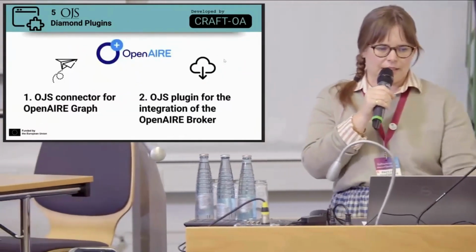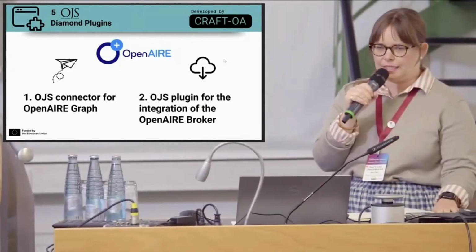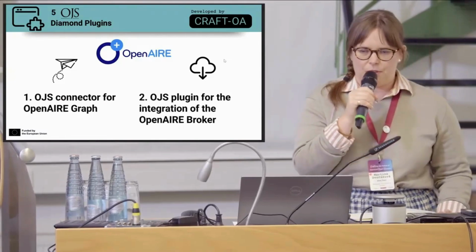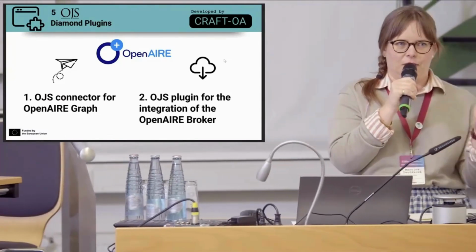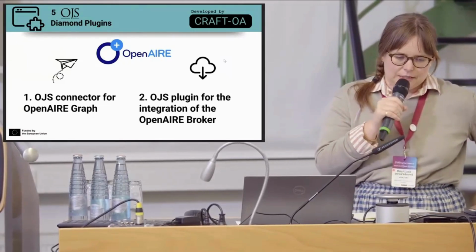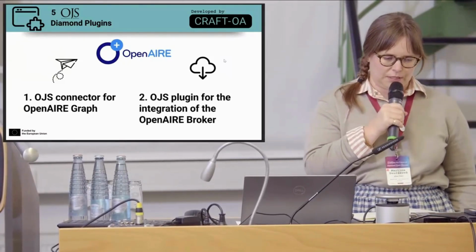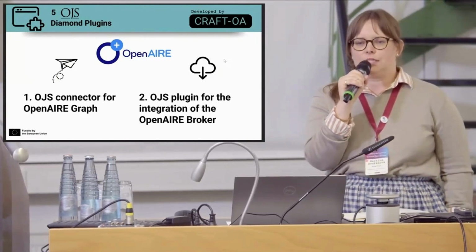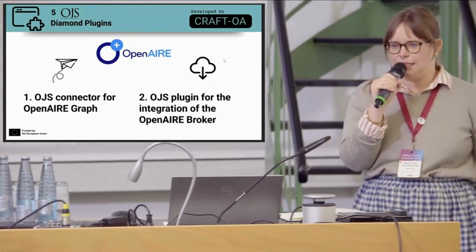The first 2 plugins are there to connect your journal automatically to OpenAIRE. You will hear more about OpenAIRE after my presentation from Leonidas. But the important thing is that OpenAIRE is a core provider for the EOSC. So if you have a scholarly journal, you definitely want to be indexed in OpenAIRE.